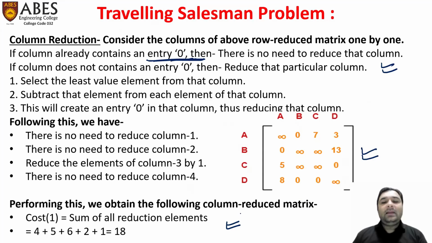We pick the minimum element of the row and subtract it from all the elements. We keep doing this with the objective that every row must contain a 0. We get an optimized matrix or a reduced matrix. Then we apply a column reduction on this with the objective of having 0 against every column. We keep on doing this and we get a reduced matrix as this and the reduced cost as 18.